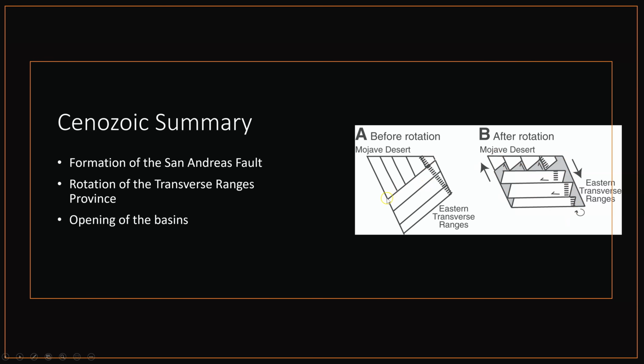And so they were at a different orientation than they are today. But the San Andreas Fault, them being smack dab in the middle of it, has rotated them and has opened up all of these basins, which are what all these gray areas are.